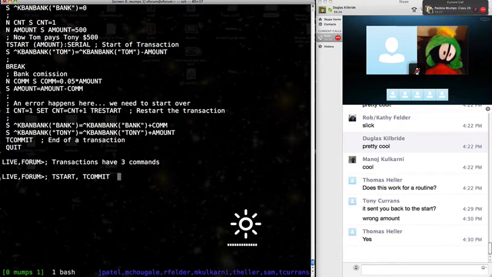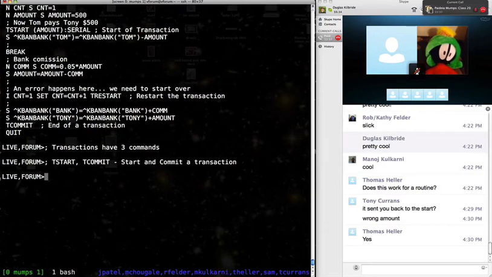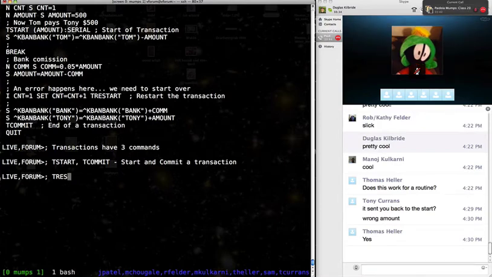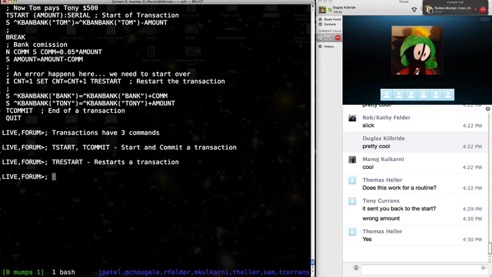Now these are the two that start and commit a transaction. And the other one that we have to know is TRESTART, which restarts a transaction. And I'm going to write the next sentence in capitals because it's really important.